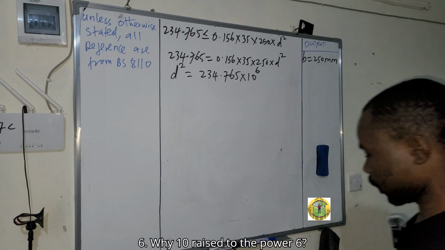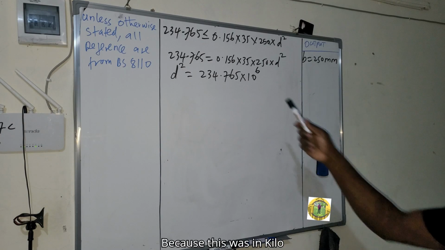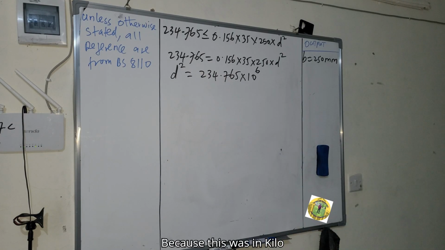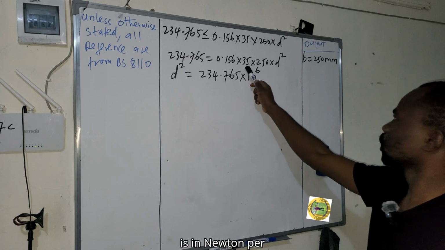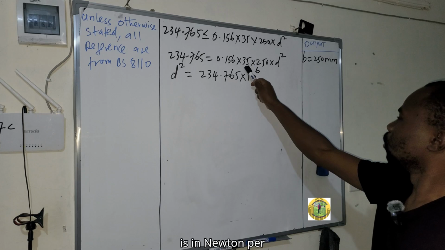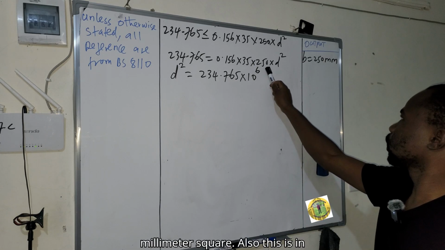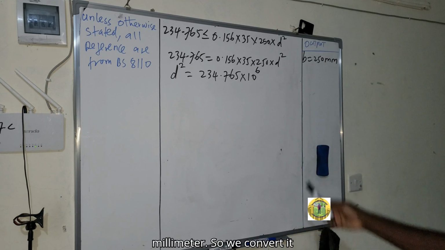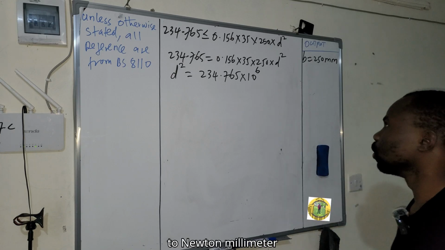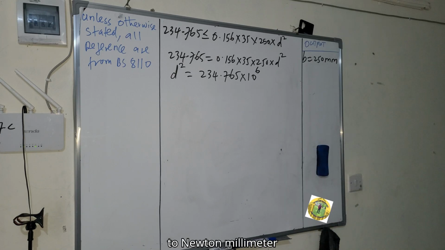Why 10 raised to power 6? Because this was in kilonewton meter, and this is in Newton per millimeter square. Also, this is in millimeter. So we convert it to Newton millimeter so that we can have a uniform unit.